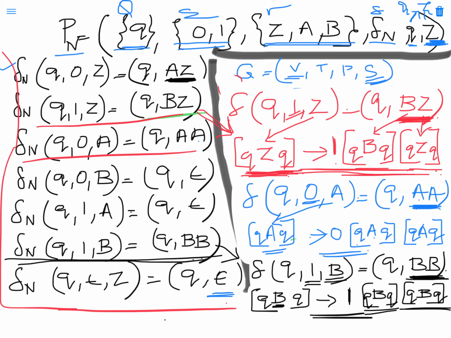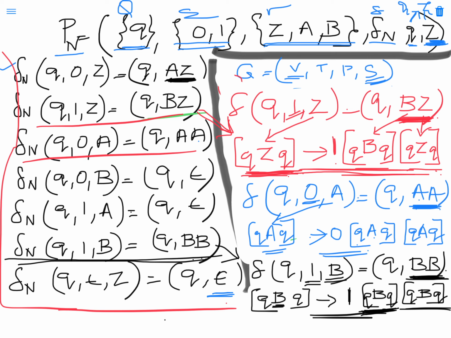If there is only a single stack symbol in the right hand side, you need to have only a single non-terminal in the right hand side of the grammar also. That example we can see later.